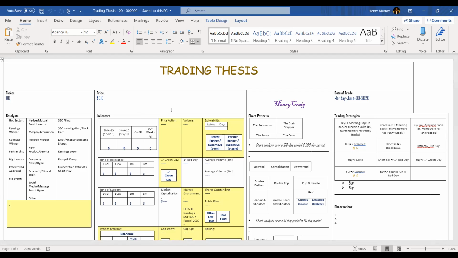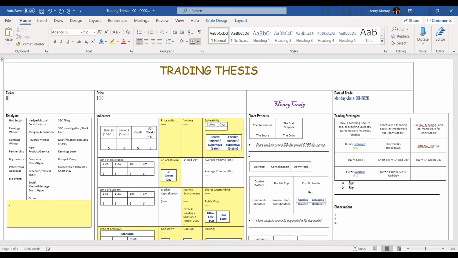So from watching those videos and reading Timothy Sykes' blog, the knowledge that I've garnered has helped me to design this informative and detailed trading plan.